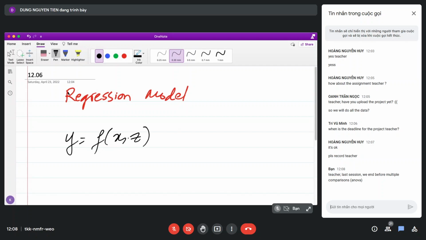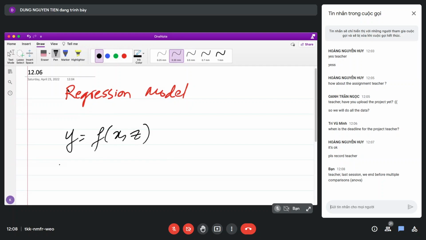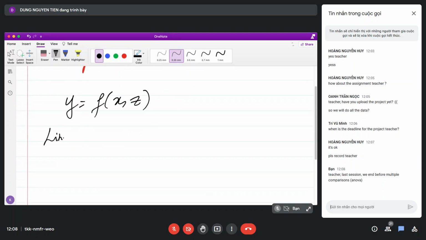If the function f has only one variable, you call it the simple regression model. If it has many variables, then you call it a multiple regression model. Today, I will talk about a simple linear regression model, which is the simplest model.